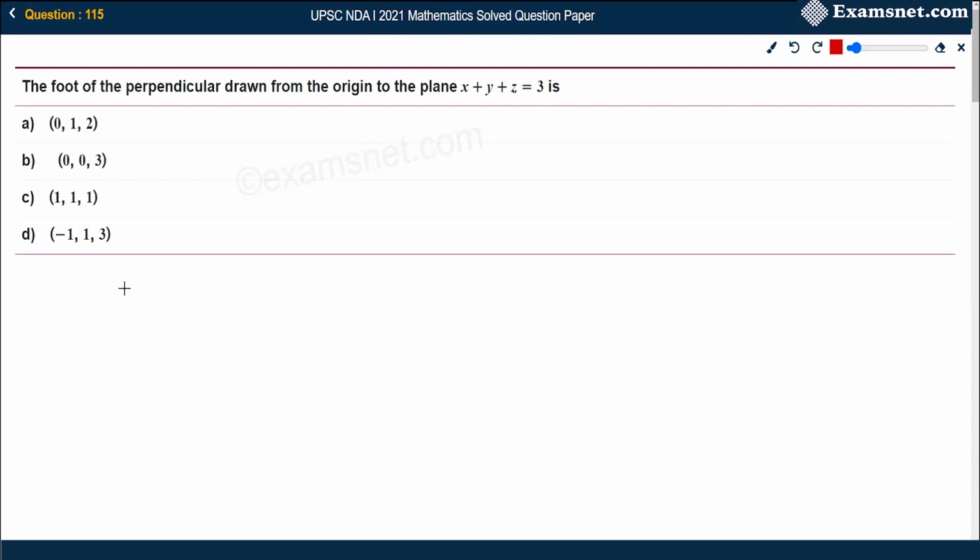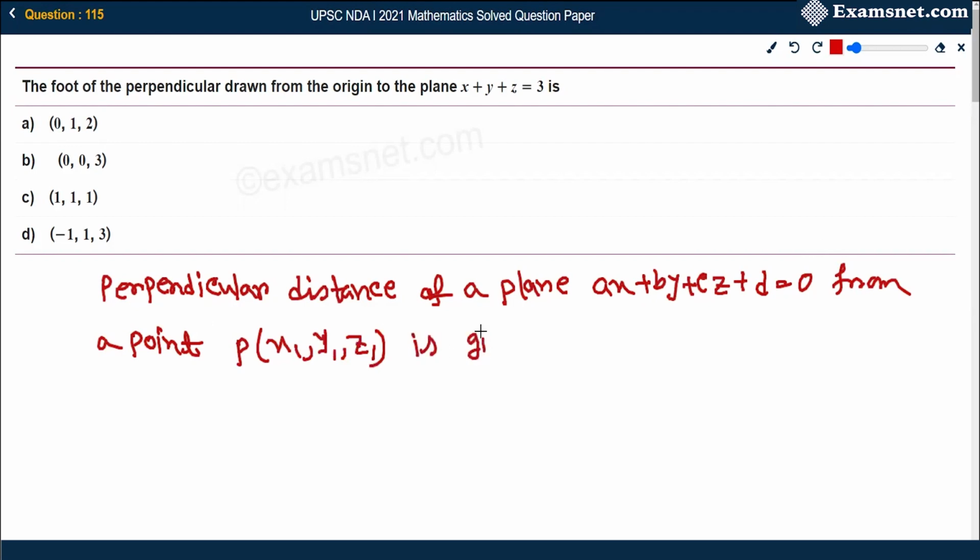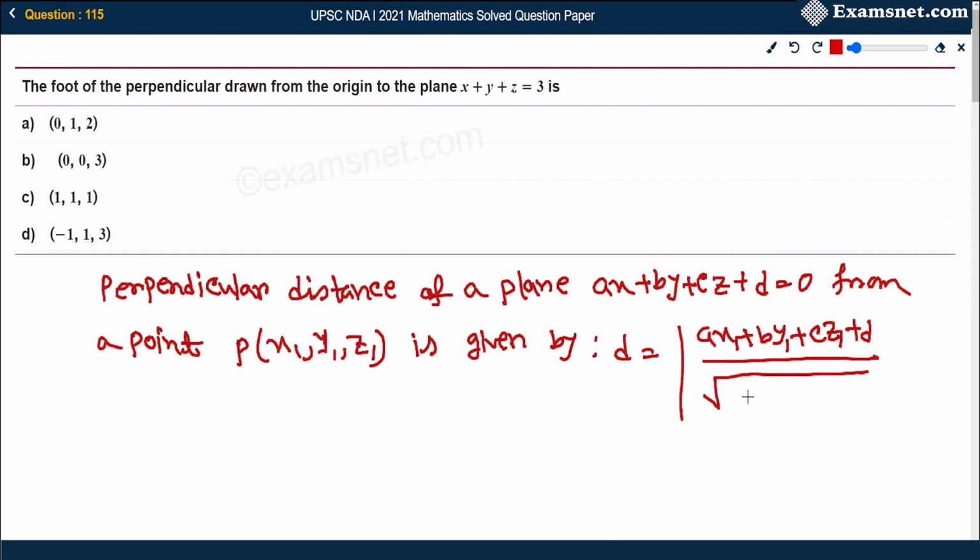So first of all, the perpendicular distance of a plane ax plus by plus cz plus d equals 0 from a point (x1, y1, z1) is given by the formula d equals mod of ax1 plus by1 plus cz1 plus d, divided by root under a square plus b square plus c square.